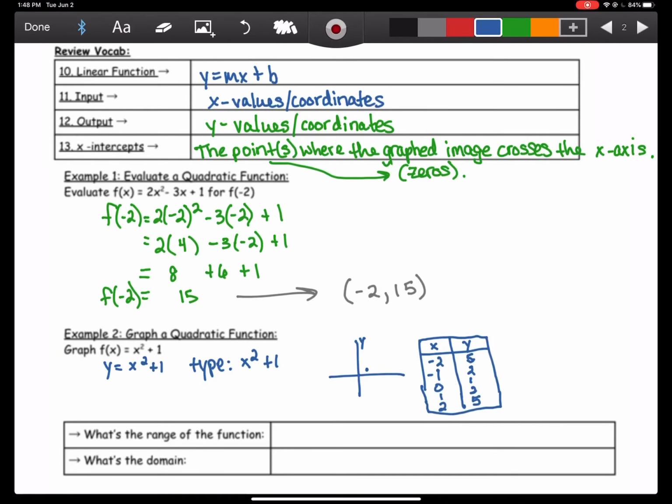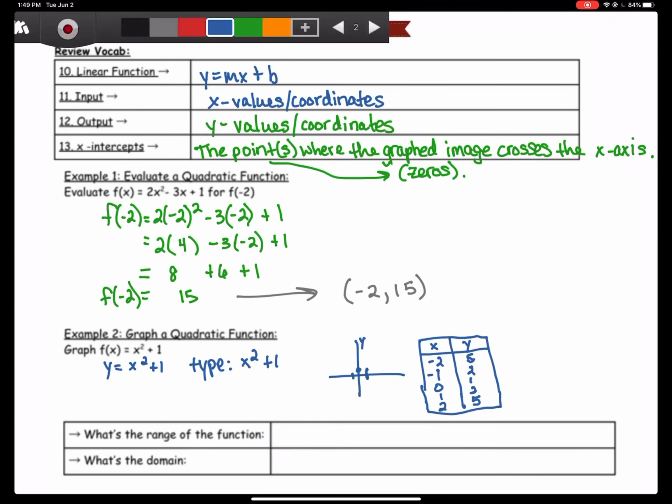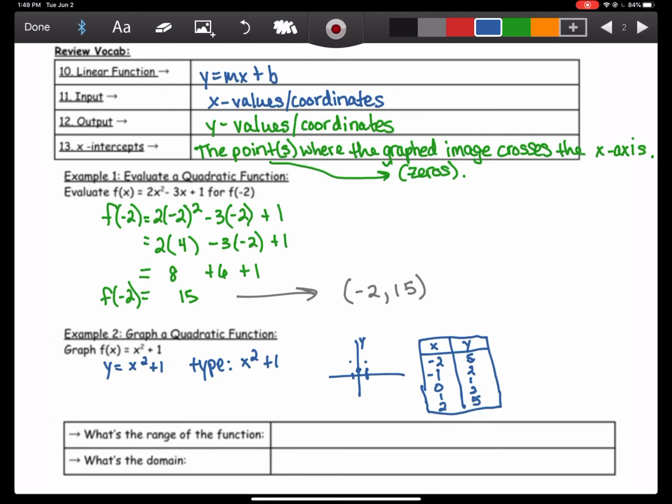Then at (1, 2) and (negative 1, 2), we have here and here, just a little bit above the origin. And then we have (2, 5) and (negative 2, 5) way up.